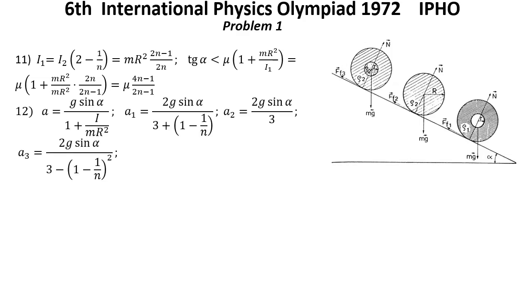The accelerations for the cylinders are a equal g sine alpha over 1 plus I over m R square, and in each case we have a1 equal 2g sine alpha over 3 plus 1 minus 1 over n, a2 equal 2g sine alpha over 3, and a3 equal 2g sine alpha over 3 minus 1 over n squared.